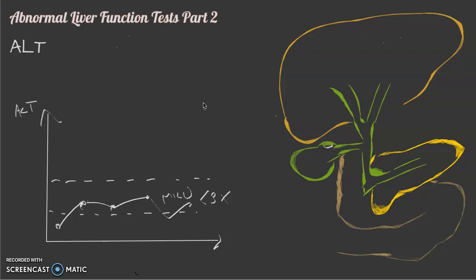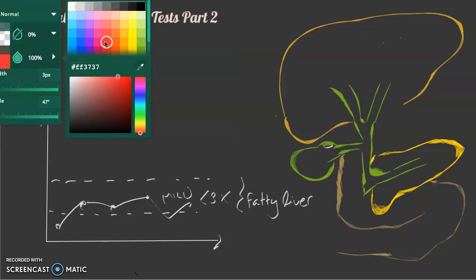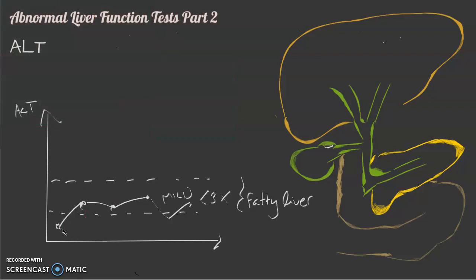So the main condition I'd probably think of in this case is something called fatty liver, which is very common and a very common cause for raised ALT. Now, if the ALT was behaving a little differently, for example, it was normal and then it shot up very high, then I would think there might be something else going on, as it doesn't seem to fit with fatty liver.